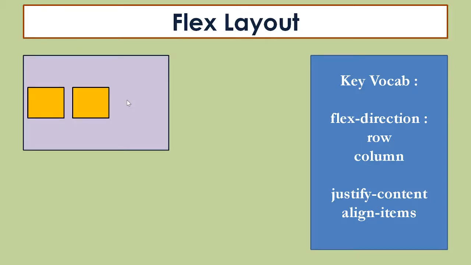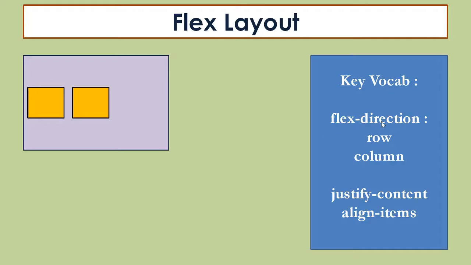So we have a box here. This is our container that contains our flex, and these are our two boxes within that container. What I would like you to do is add these three properties: the flex direction, the justify content, and the align items. I would like you to think about how you are going to set these up so the website goes like this.